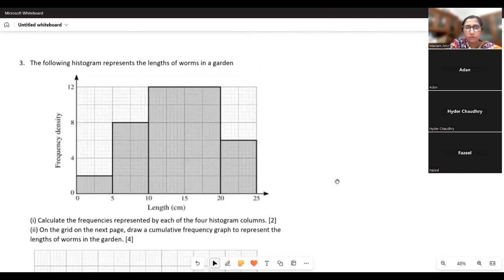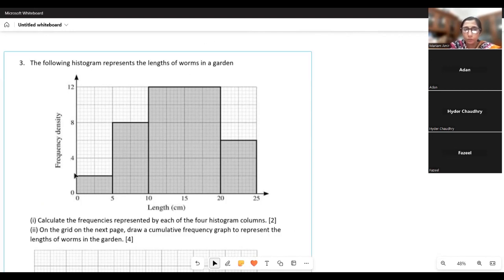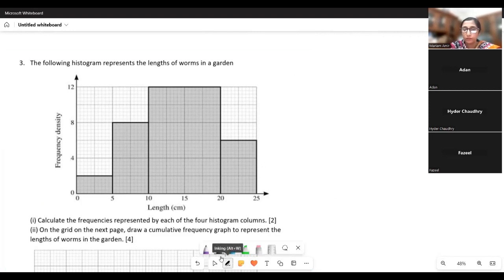The following histogram represents the lengths of worm in a garden. Calculate the frequencies represented by each of the four histogram columns. Okay, so histogram में तो y-axis पे frequency density है. आपसे frequency पूछिए. So what is the formula for frequency?